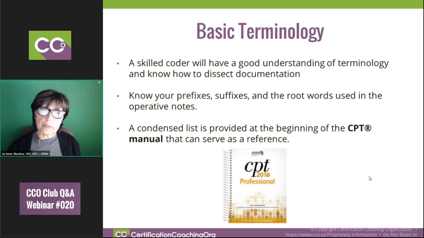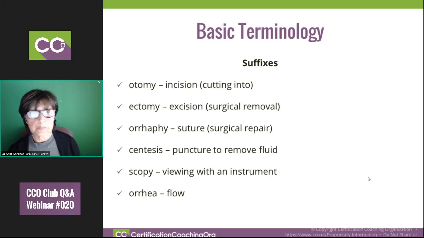You want to make sure you know your prefixes, your suffixes, and the root words used in the operative notes. Most of you who have studied for the CPC exam and are familiar with CPT are aware that there is a condensed list at the beginning of the CPT manual that can serve as a reference. If I'm working on a specialty where some of those root words aren't there, I just write them right in to help myself along.